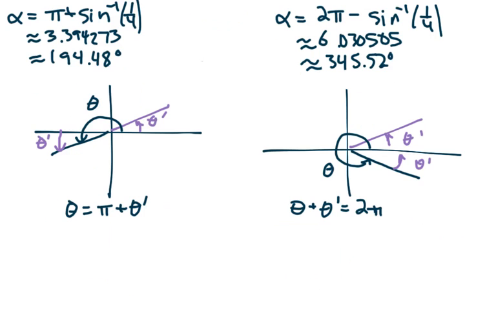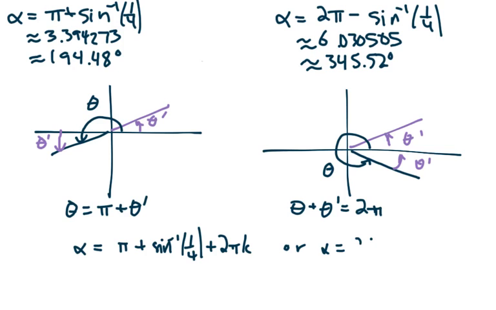Marvelous! The last thing to do, since we asked for all solutions, is to say alpha equals pi plus sine inverse of 1/4 plus 2 pi k, or alpha equals 2 pi minus sine inverse of 1/4 plus 2 pi k.